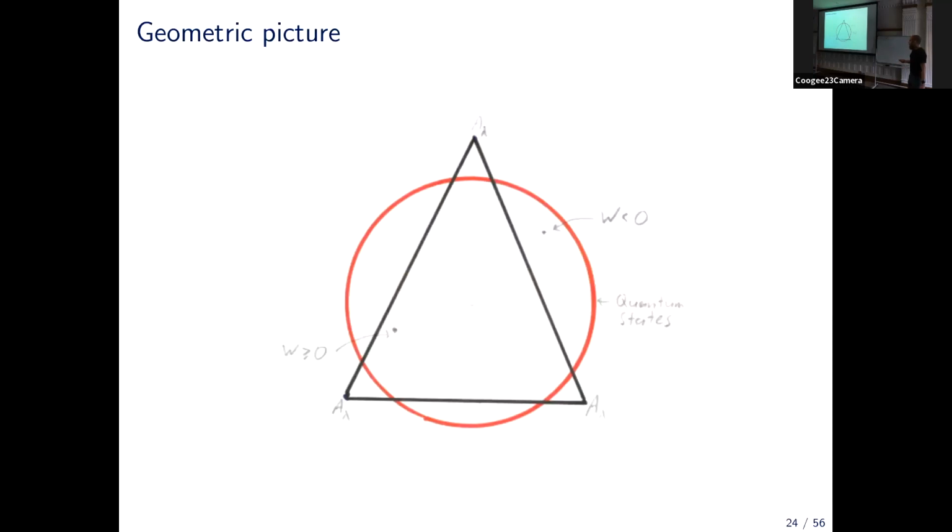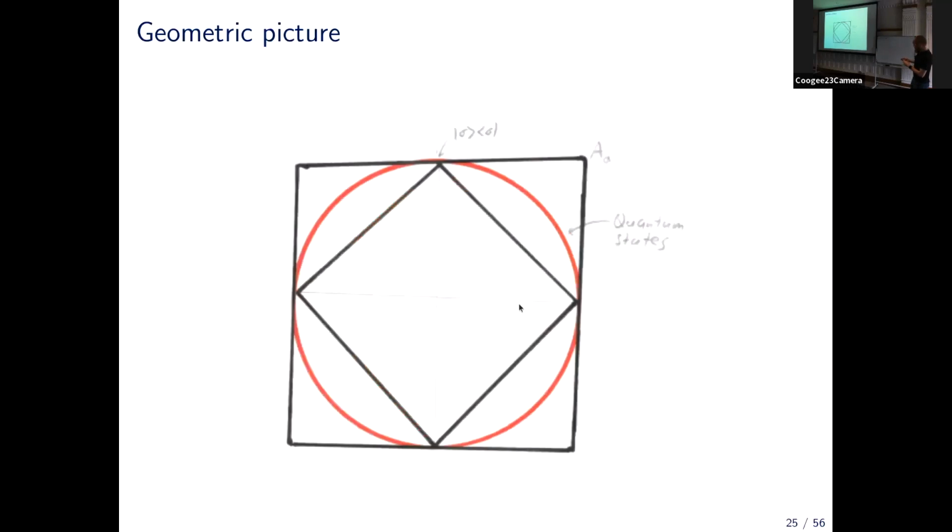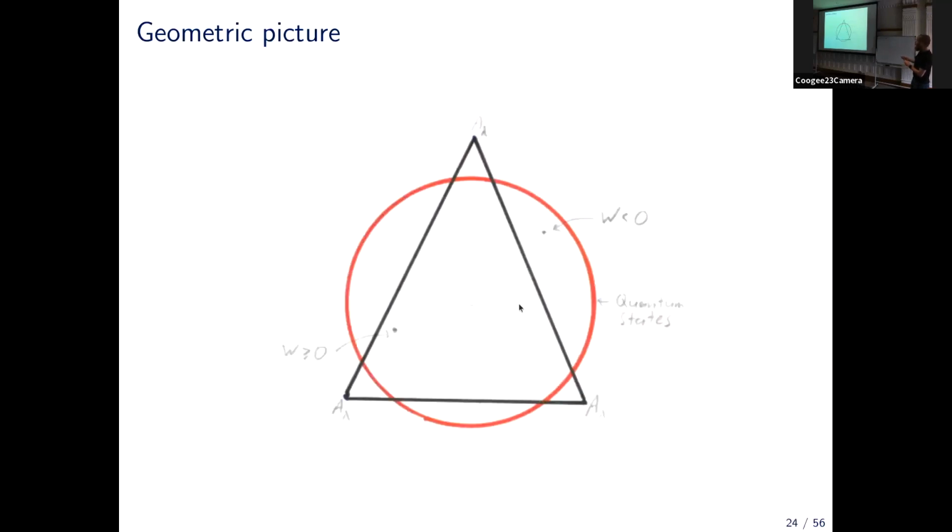And here's a simple geometric picture of what this looks like. This is a cartoon representation of the odd dimensional Wigner function. You have some convex set of physical density operators shown in red. The pure states are going to be on the boundary of that set, and the mixed states will be inside. And then you have some polytope which intersects non-trivially with the set of mixed states.